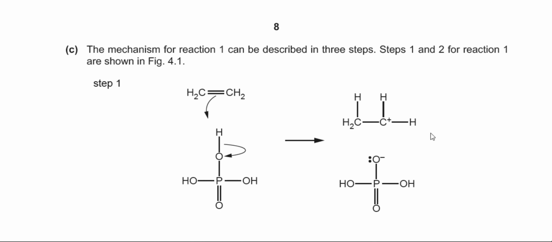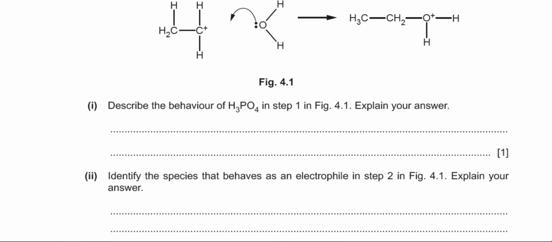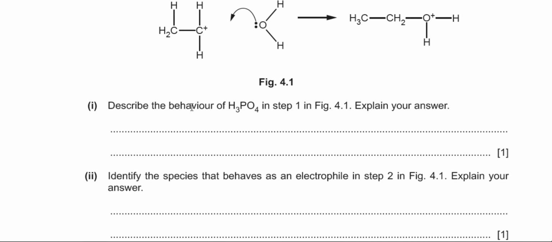Next part, he says that the mechanism for reaction 1 can be described. As I clearly mentioned earlier, this type of reaction is an electrophilic addition reaction. So let's see what the demand is, then we can act. So the first part, he says, describe the behavior of H3PO4. Remember, this is an acid.